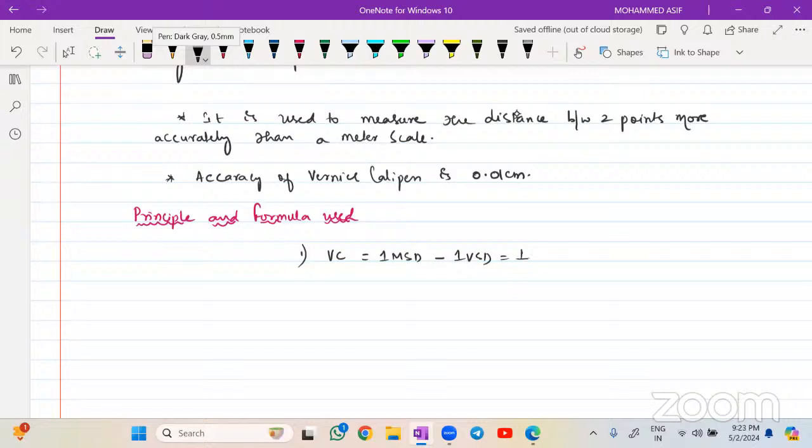That will be equal to 1 by n times of your MSD. Okay. VC is nothing but what for me? Vernier constant. MSD is main scale division.